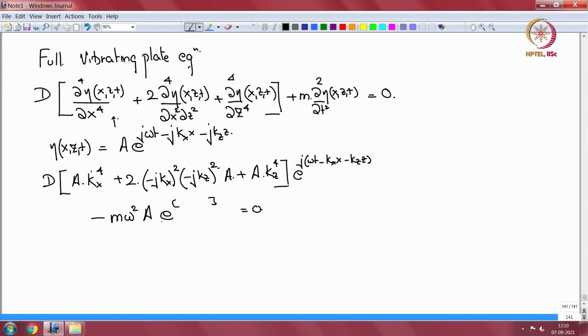So this propagator I can cancel from both sides, the amplitude I can cancel.